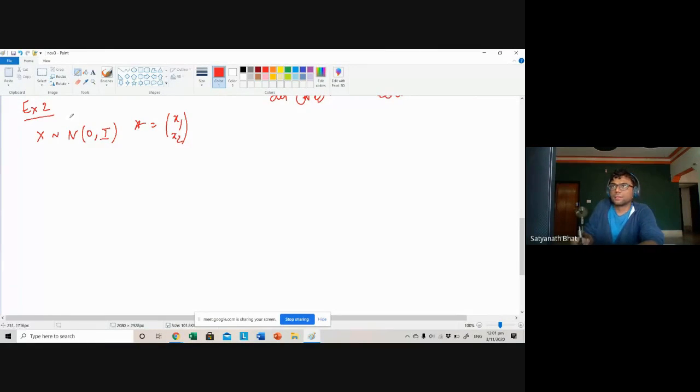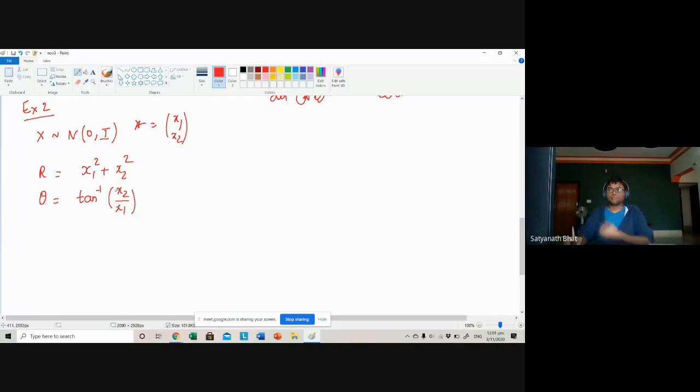Now we will define R, which is equal to x1 square plus x2 square. This is R. And then I will define theta, which is tan inverse x2 by x1.